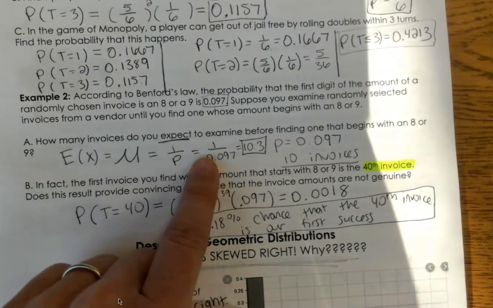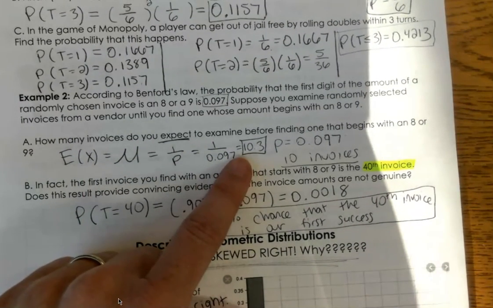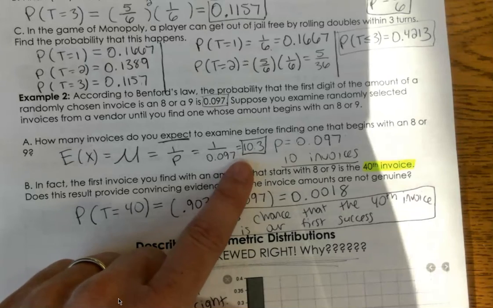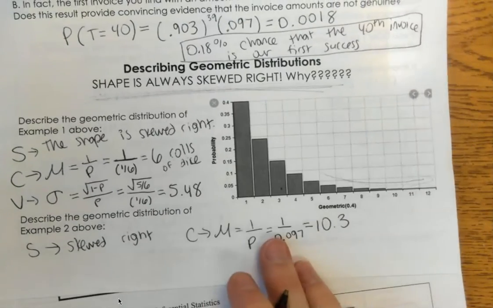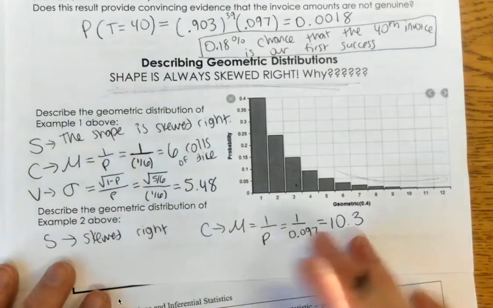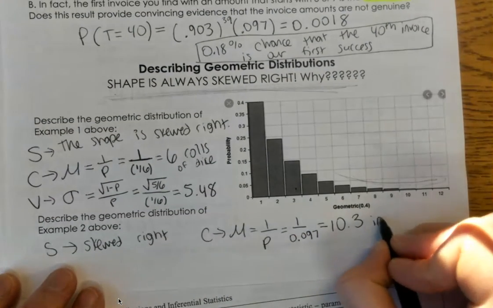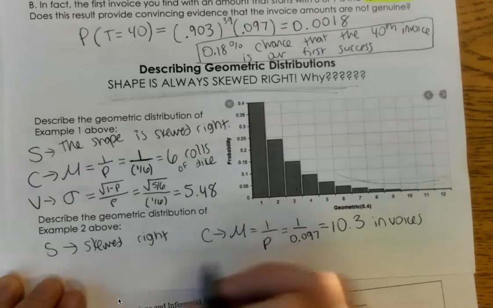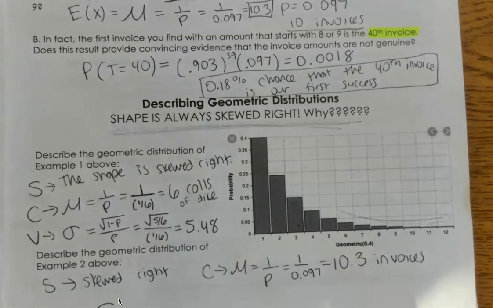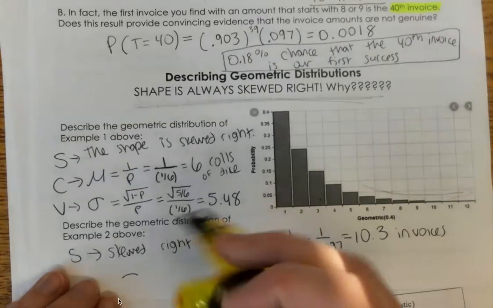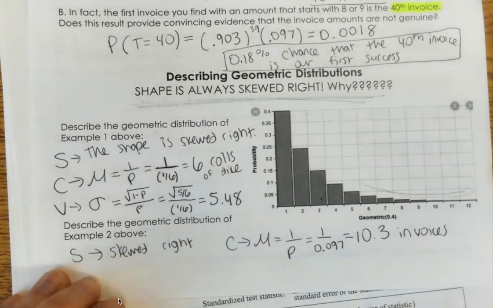We actually already calculated the mean in part A, right? So the probability was 1 over 0.097, which gave us 10.3. So we actually had already calculated the center, 10.3 invoices. And then the variability is that standard deviation.